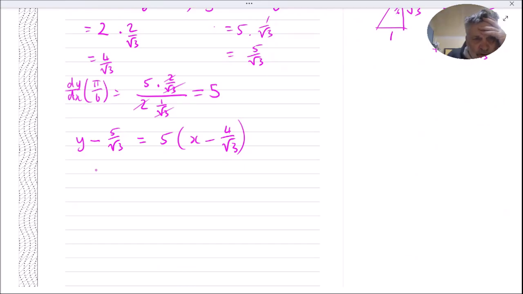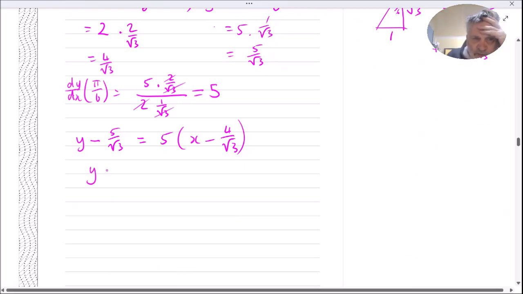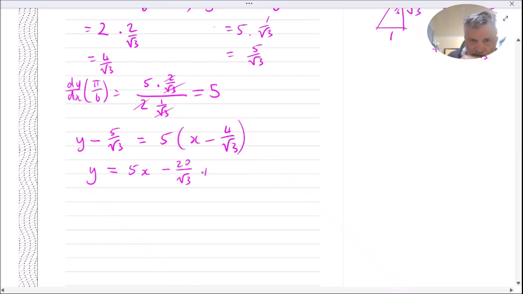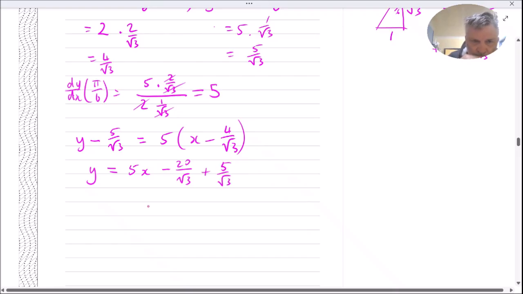You could leave that like it is, but there are various standard forms we can write it in. So we can write this as 5x minus 20 over root 3, and then plus 5 over root 3. So y equals 5x minus 15 over root 3 would do.